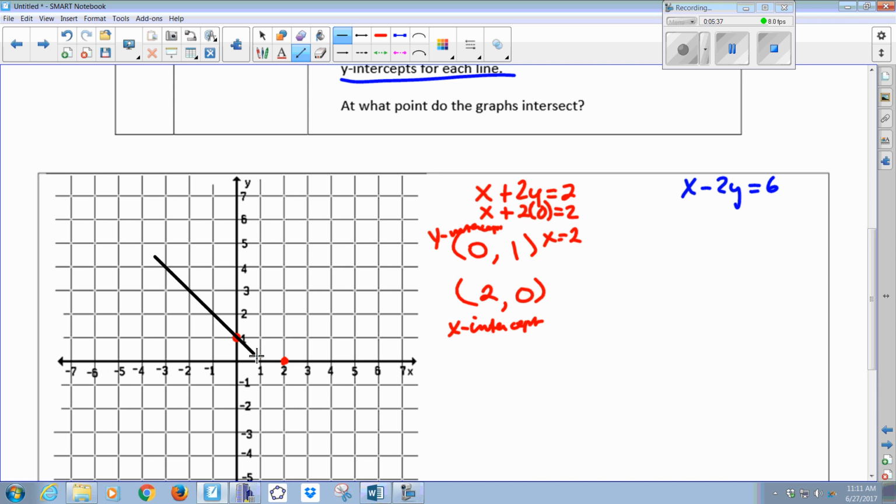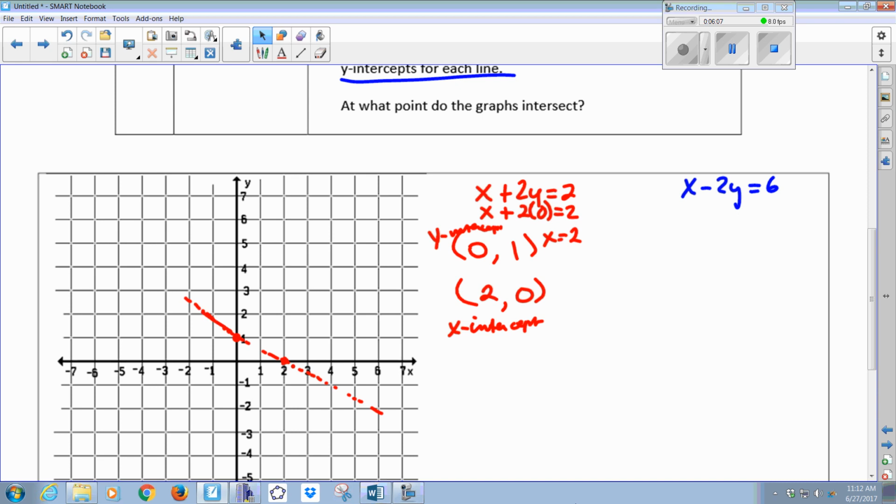Then you just put a line through these two. Oh, I didn't do a very good job, but I'll move it. Let's see if I can move it. I think I have to start all over. Maybe what I'll do is just connect these by hand, instead of trying to be too fancy.